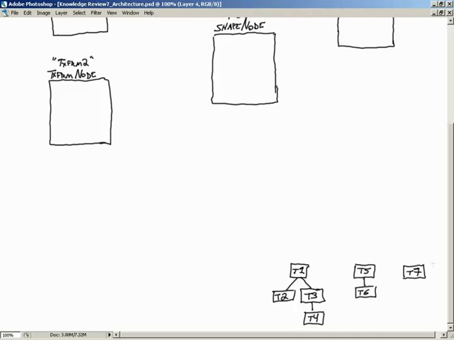If I want to quickly find out who all of my root level nodes are, who are they? Well, they would be transform 1, transform 5, and transform 7. So I would like some way to manage, to keep up with who all of my root level nodes are.